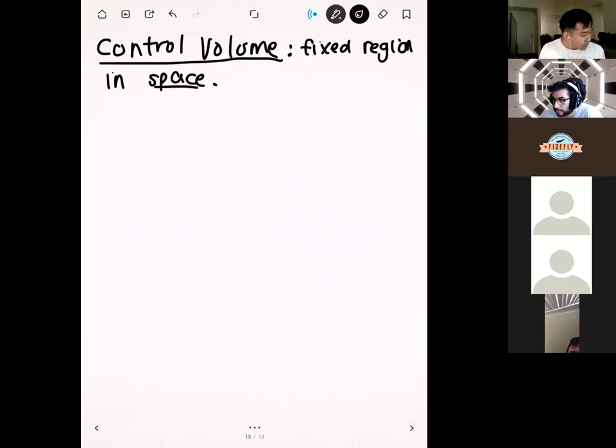From this fixed region in space, going back to our river analogy, say we want to analyze this region as the Mississippi River crosses this city right here. From that fixed region of space, fluid is going to flow into and out of this region.